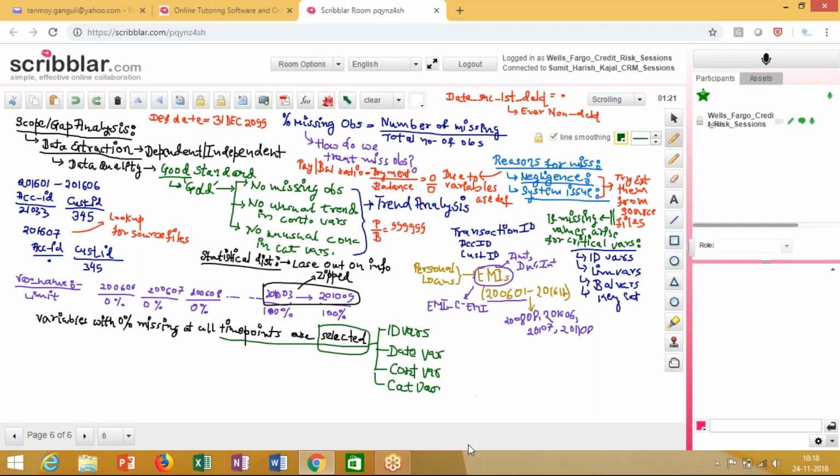Now, out of this, the first two sets of variables do not need any further analysis. All I need to ensure is whether they have any missing observations or not.